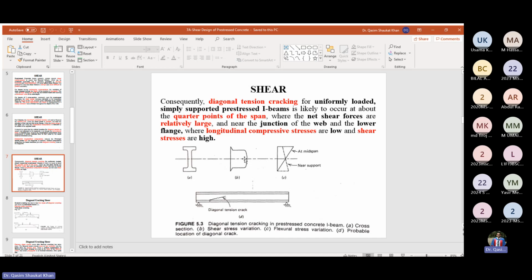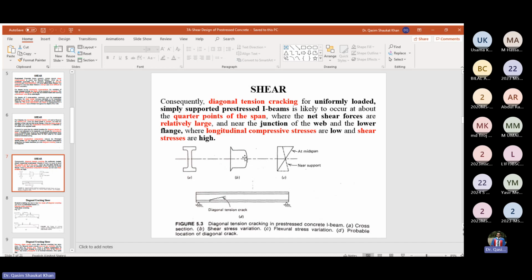The reason is that the shear stress is equal to VQ over Ib, where V is the applied shear, Q is the first moment of area, and I is the second moment of area. The variable is b, which is in the denominator. So smaller is the width, larger will be the shear stress.